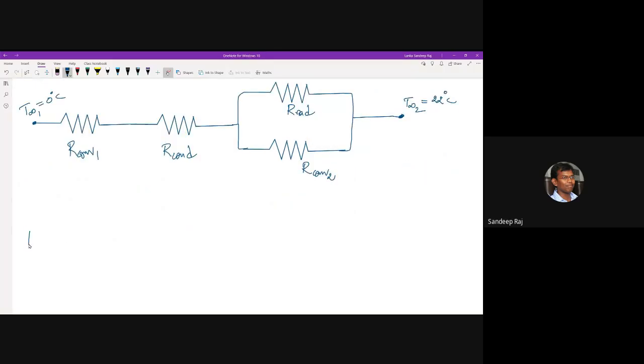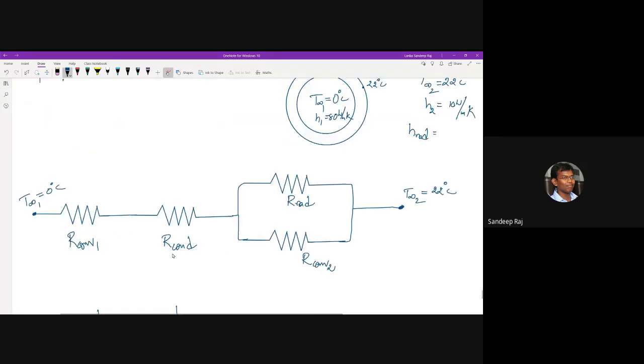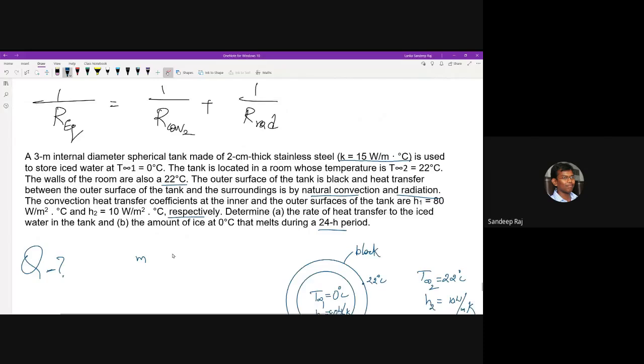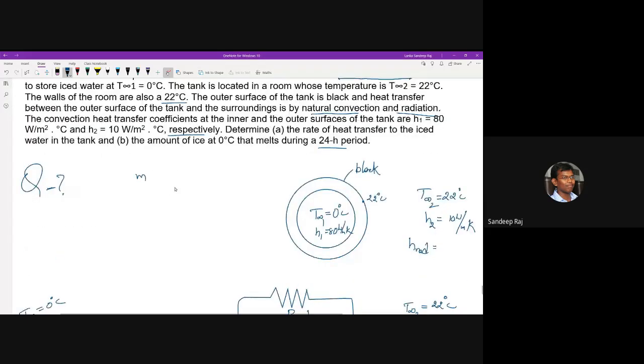So what is R convection 1 here? The R convection 1 is as usual 1 by H1A. That is 1 by the H1 value, which is given as 80, and the area here is pi by 4. No, it's not pi by 4 here. It is a sphere here. So what you have to take is 4 pi R1 square. So what is R1? Is the R1 value given to you?